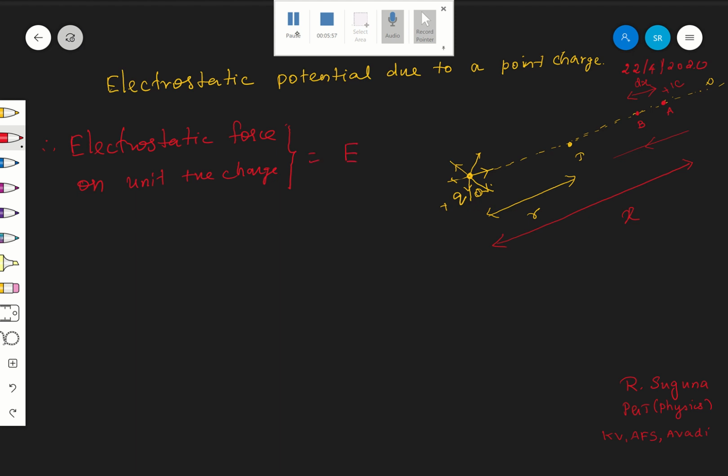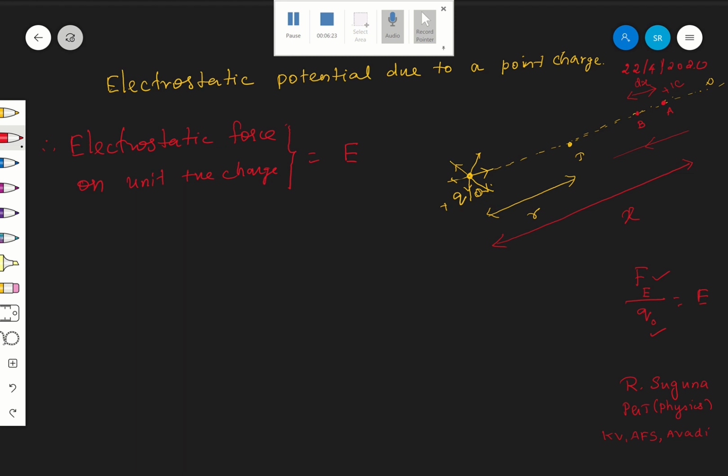Why? Electrostatic force per charge, if I keep a test charge, is equal to E. Which means that electrostatic force per unit charge is nothing but E. So I can write the electrostatic force on a unit positive charge. Here it is E.